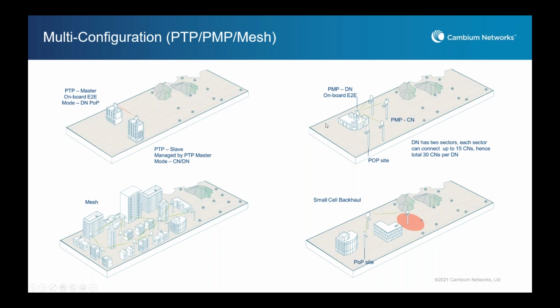In the upper right, you have point-to-multipoint. This is again a more traditional hub and spoke model where I have an access point or a hub that I put in a centralized location, and then I can array various client nodes in a radius around that. And in this case, think in terms of a few hundred yards.